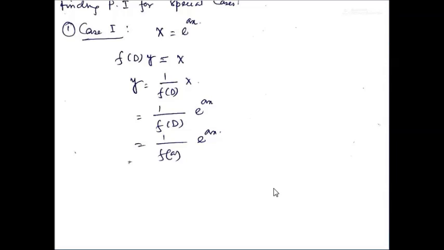Now finding the particular integral in some special cases. Say X equal to e to the power ax, a special form of X. Then if f(D) y equal to X, so y equal to 1 by f(D) into X, and X equal to e to the power ax. Now if you replace D by a, you can get the particular integral.